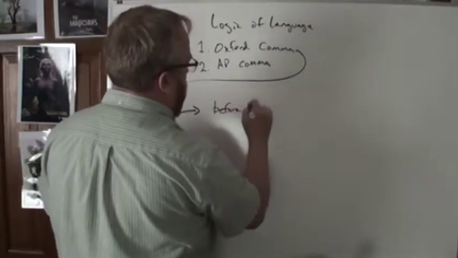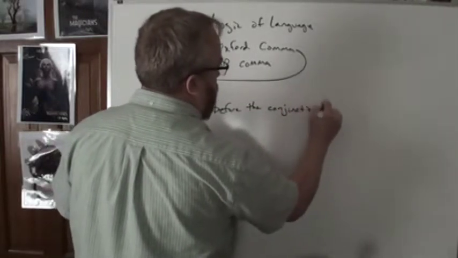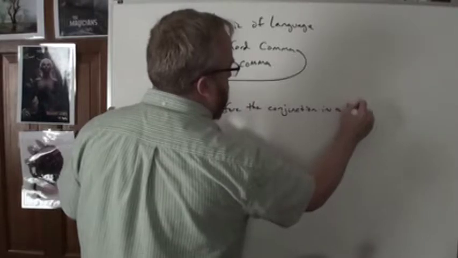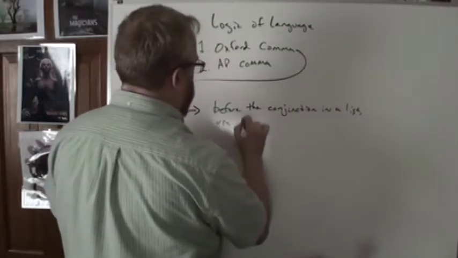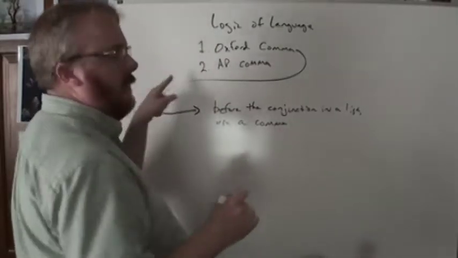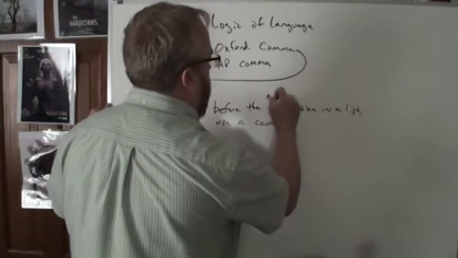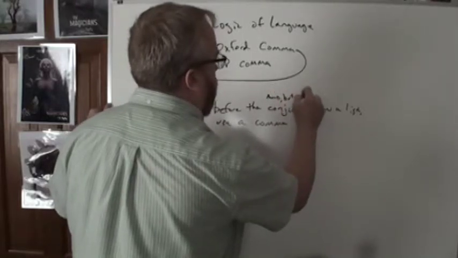What the Oxford comma says, so we'll bring this down here, is that before the conjunction in a list, use a comma, period. Okay? Alright, so the conjunction. You remember our conjunctions are and, but, or.